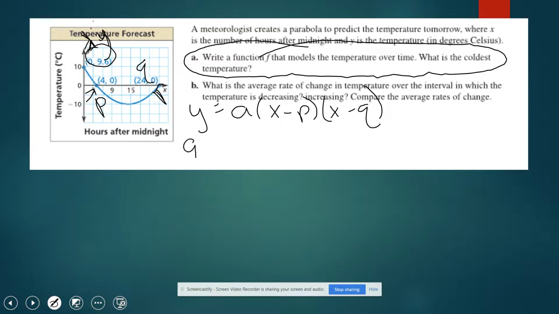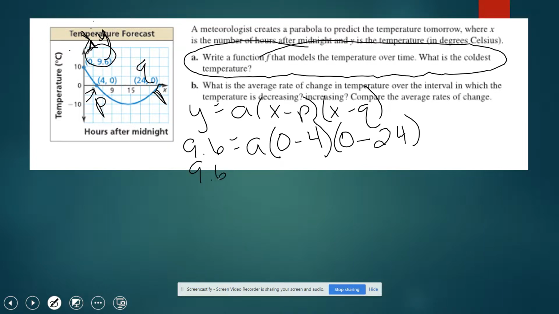So we know y is 9.6. Looking for A, we labeled x as 0. Minus, we labeled P as 4. Again, x is 0. Minus, Q is 24. 0 minus 4 is negative 4. 0 minus 24 is negative 24. And multiply those together, we get 9.6 is equal to 96A.